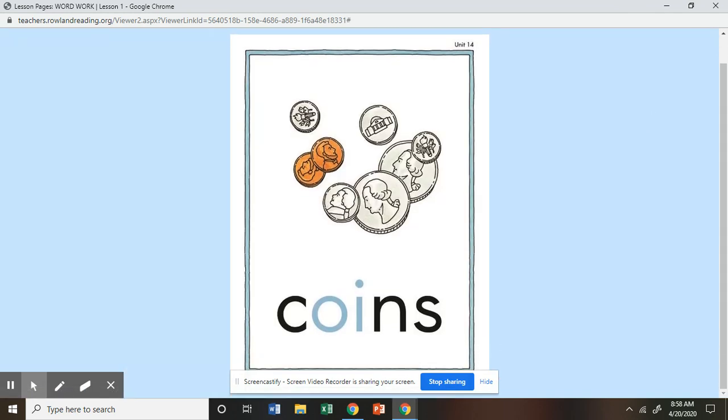All right, this sound spellings card says oi for OI. I want you to notice OI is in the middle of the word. There's a consonant before it, and there's consonants and letters after it. OI goes in the middle of a word.